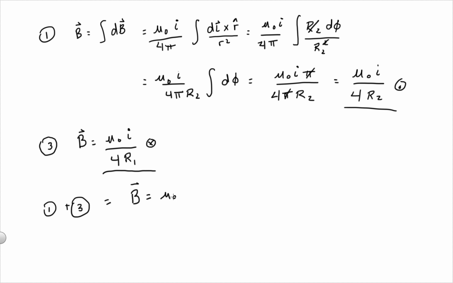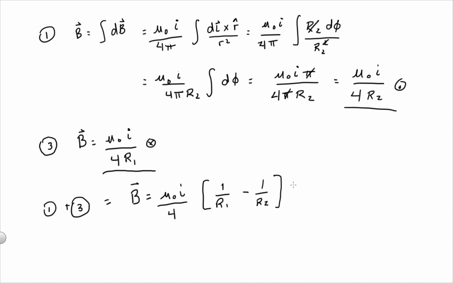It's going to be mu naught I. I can factor out all the common terms here. Mu naught I over 4, and a 1 over r1 minus a 1 over r2, because they are in opposite directions. And I know I can look up mu naught, and I know r1 and r2.